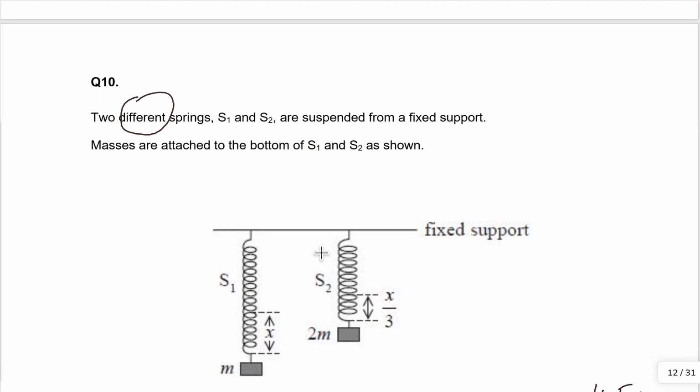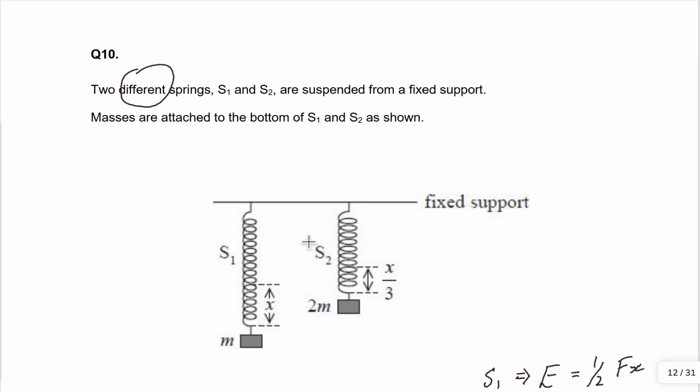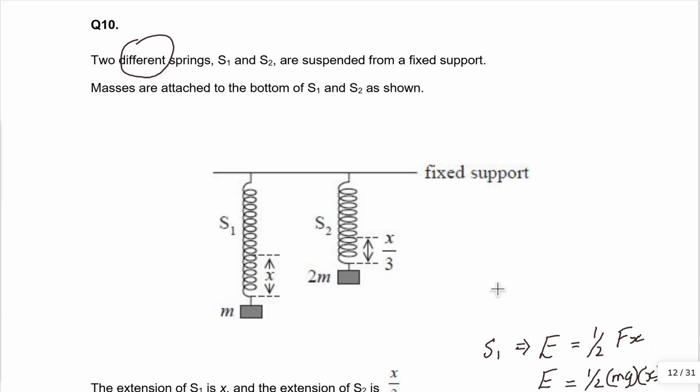Question 10, last question on the multiple choice. You've got two springs, S1 and S2. First spring extended by x with mass m. Second spring extended by x over 3 with a mass 2m.